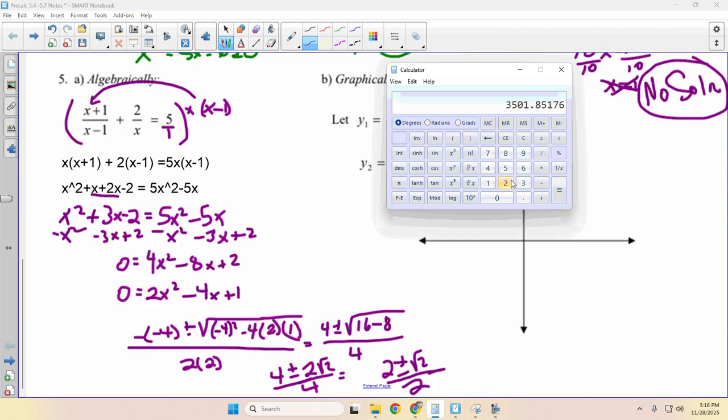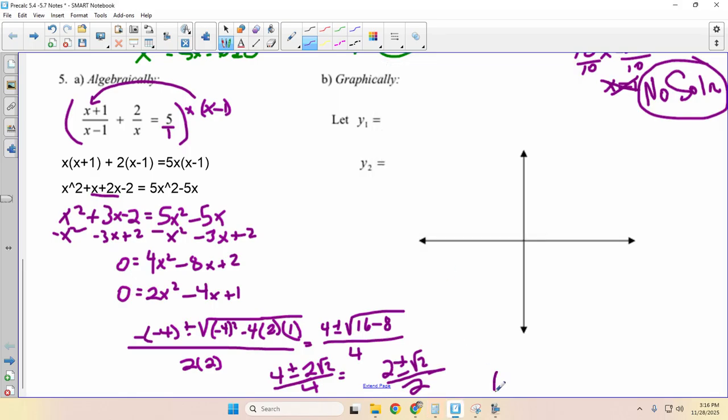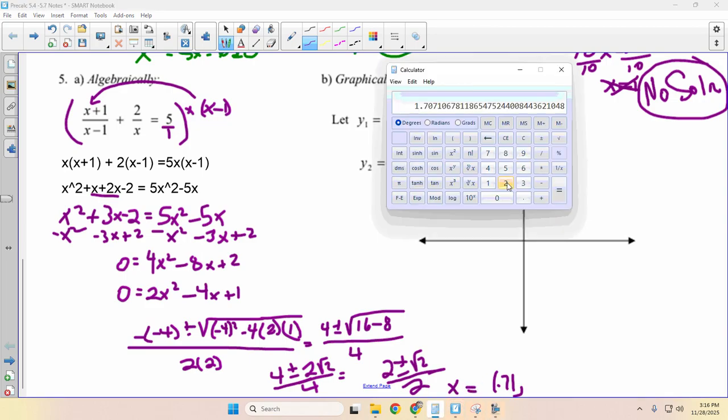So we got 2 plus square root of 2 divided by 2 is 1.71. And then we have 2 minus the square root of 2 divided by 2. So 0.29.